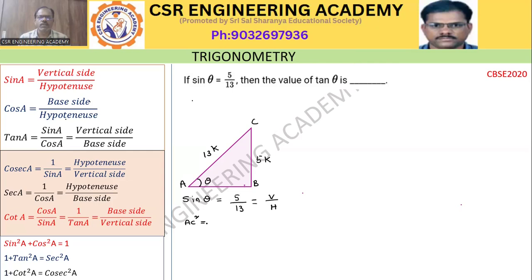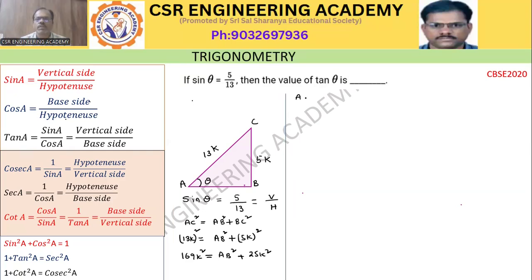According to Pythagoras theorem, AC square is equal to AB square plus BC square. AC, that is 13k whole square, AB square plus BC 5k whole square. 13k whole square, 169k square is equal to AB square plus 5k whole square, that is 25k square.